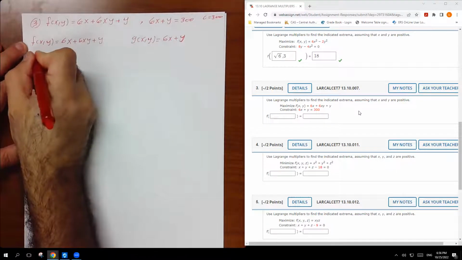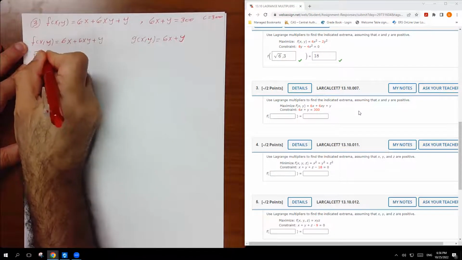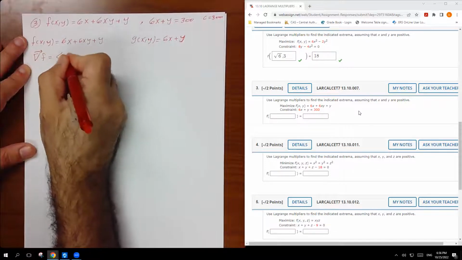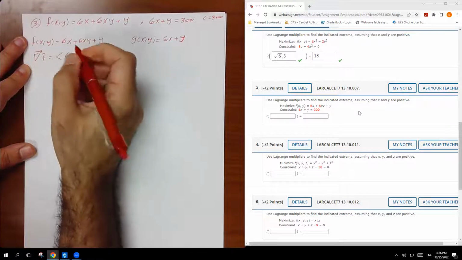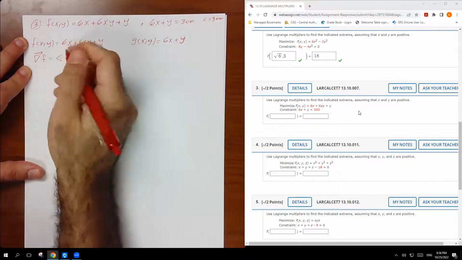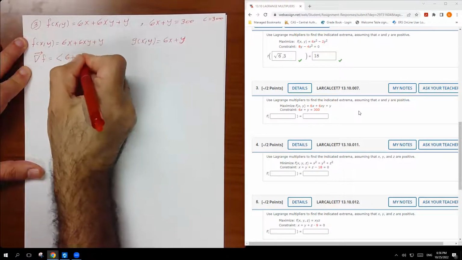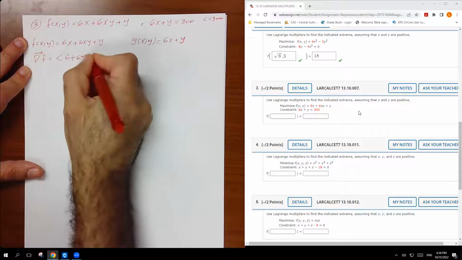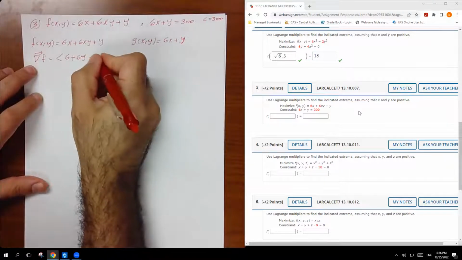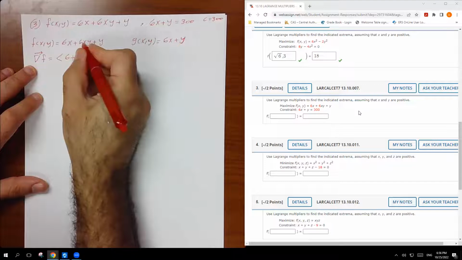So now the gradient for f is going to be 6, the derivative with respect to x, plus 6y. The gradient with respect to y is going to be 6x, because this is 0, 6x plus 1.